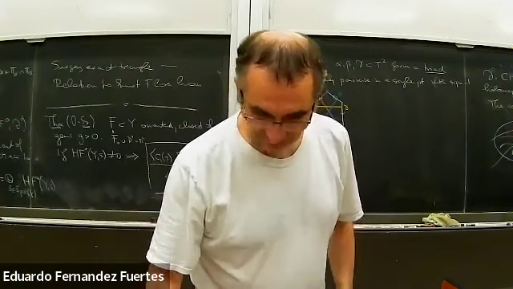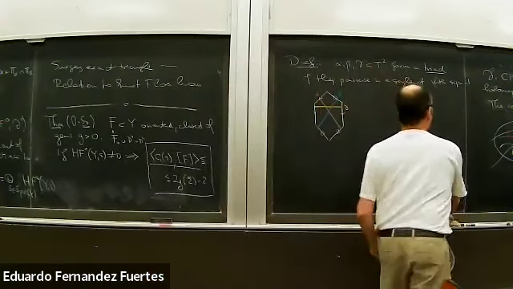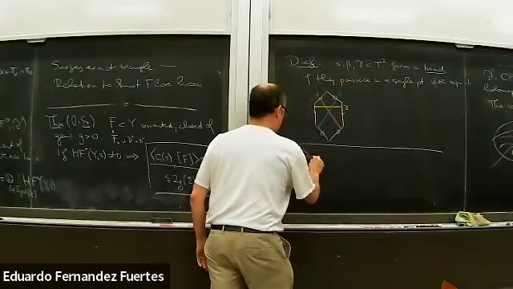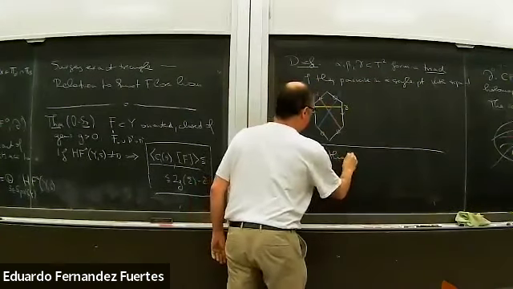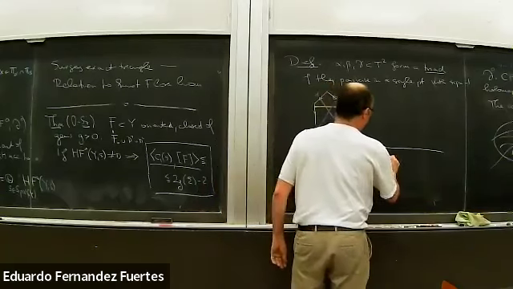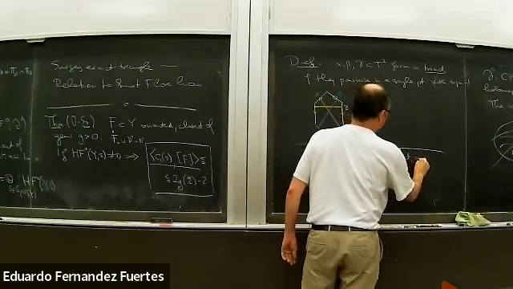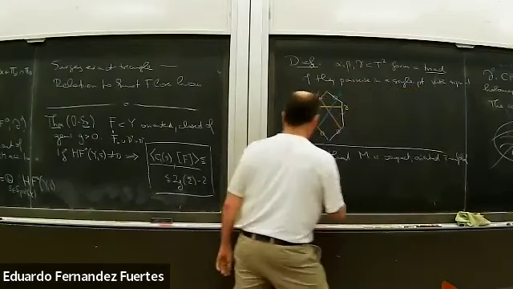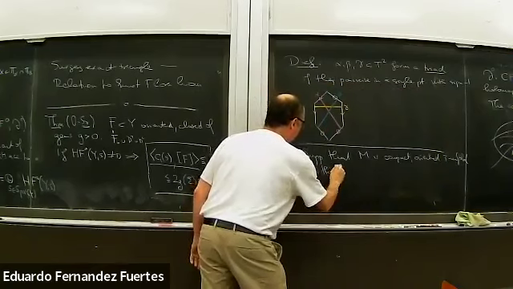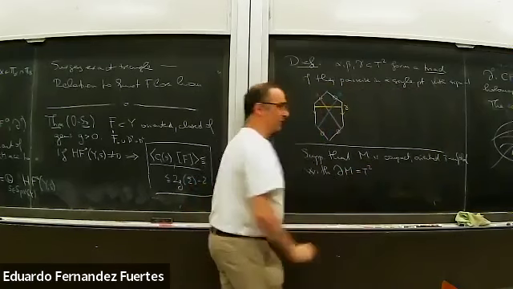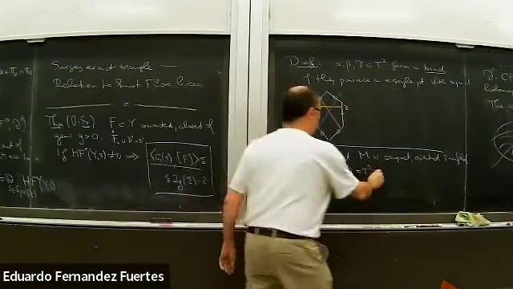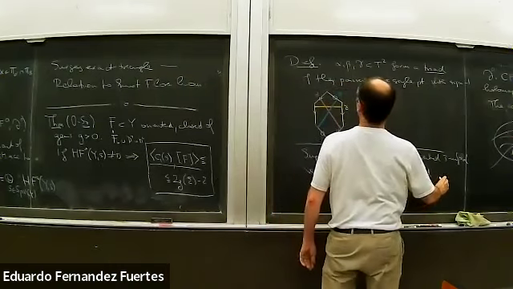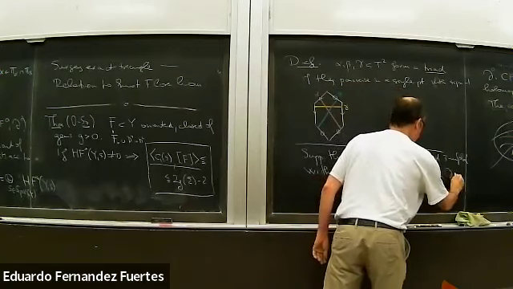Okay, so a triad of manifolds. Suppose that M is a compact oriented three-manifold with boundary being diffeomorphic to the torus, and put a triad of curves on this.